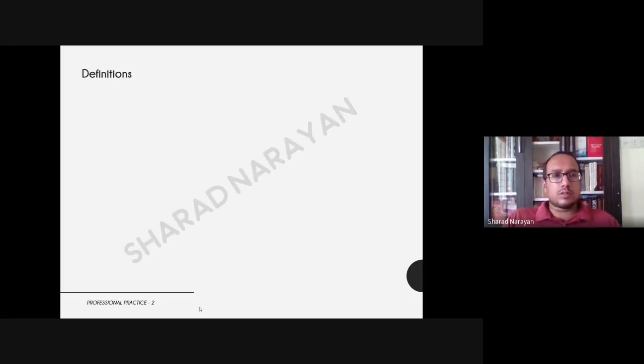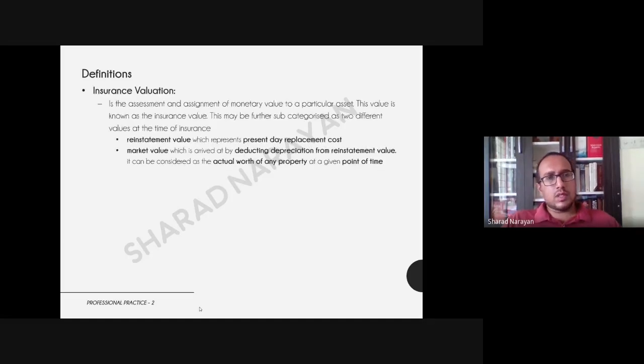Moving on. We have a few basic definitions that we have to keep in mind when we are talking about insurance. The first one is insurance valuation. It is basically the assessment and assignment of monetary value to a particular asset. This is known as the insurance value.